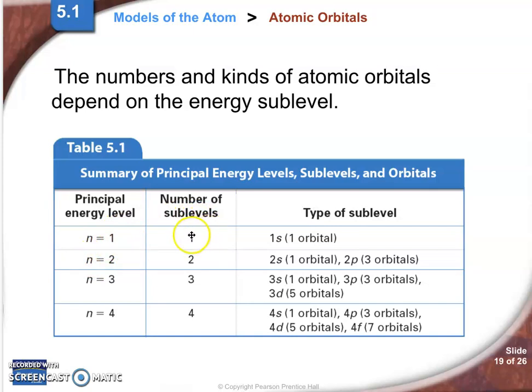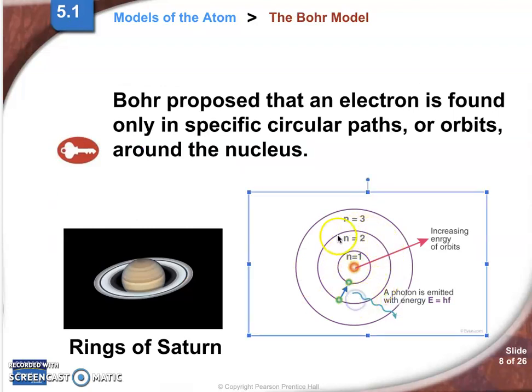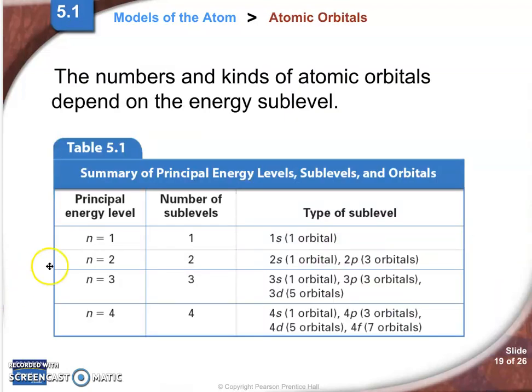Okay, here I'm going to show it. So first energy level, second energy level, third energy level. For each energy level, there are different sub-levels. And for the different sub-levels, there's a formula to calculate. I'm going to show you this formula. In the first energy level, you can only put one s orbital.